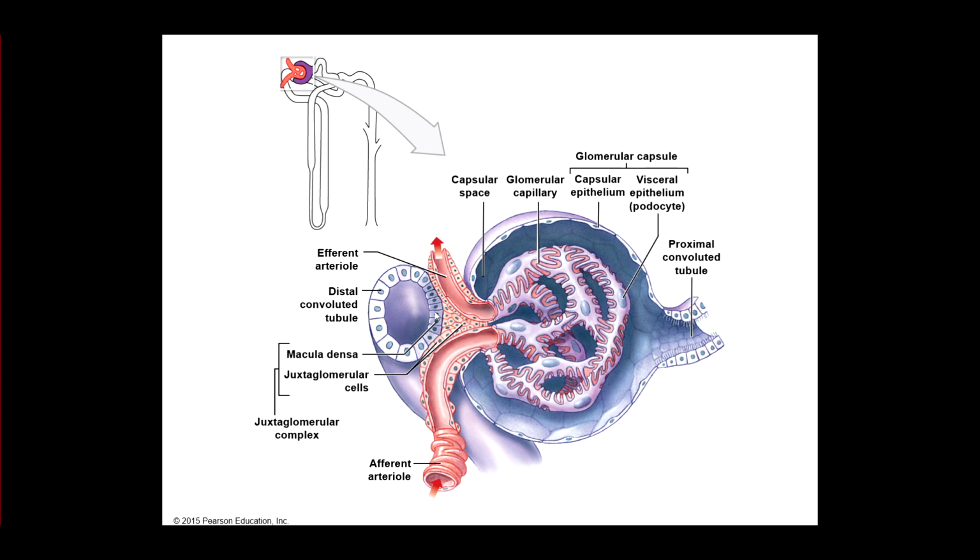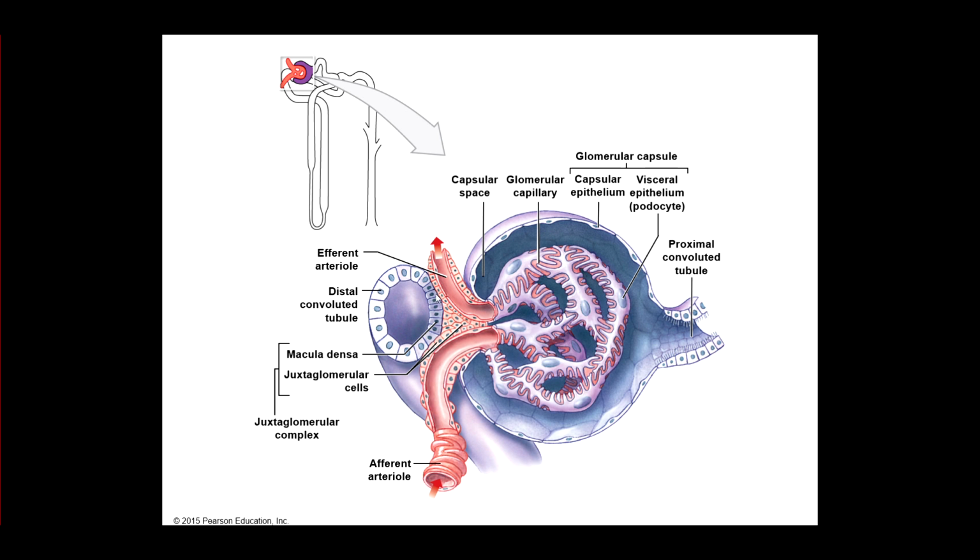These packed cells of the distal convoluted tubule are known as the macula densa. Just think that they're densely packed. These macula densa cells are regulatory cells of the juxtaglomerular complex. Like I said, they're involved with regulating blood pressure and the rate of glomerular filtration. These are things that are discussed in lecture in much more detail.